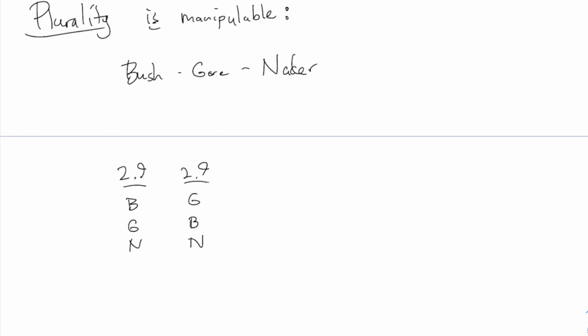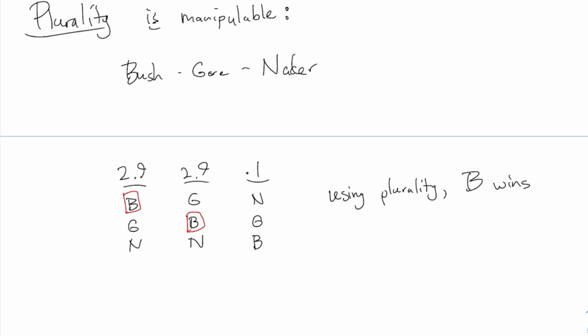This again is speculation being very favorable to Bush, and then 0.1 million said Nader, Gore, Bush. And of course, in the real world, using plurality, and this is what actually happened, Bush won. Maybe I'll put a little box around the B's. Bush was the winner, all right?